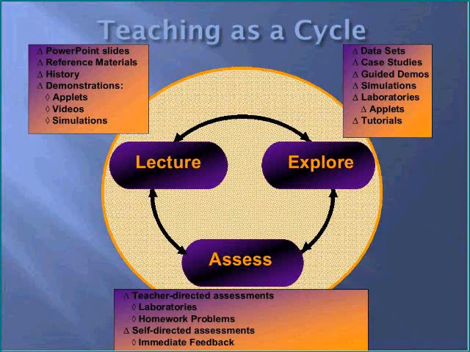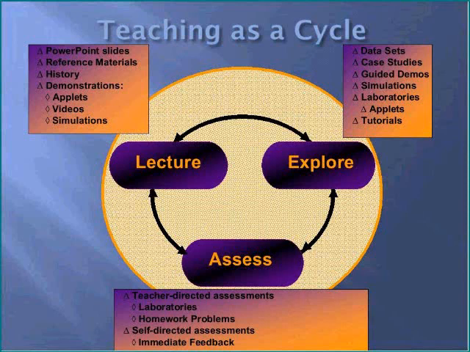And I think of that as a cycle because you can start at any point there. The student can explore and then go to the teacher and get information from the teacher. So you can go from the explore to the lecture, or you can start with a lecture and then go to the exploring, or you can start with an assessment and then go either direction. So there is a cycle there.